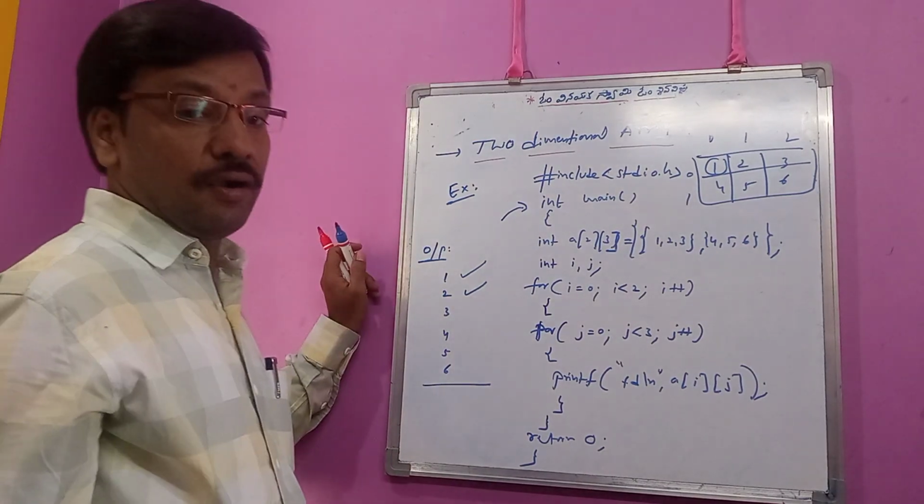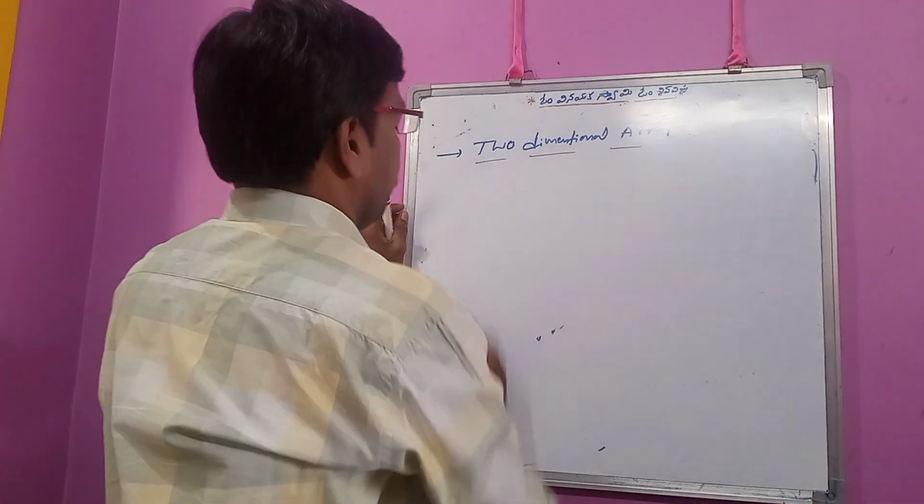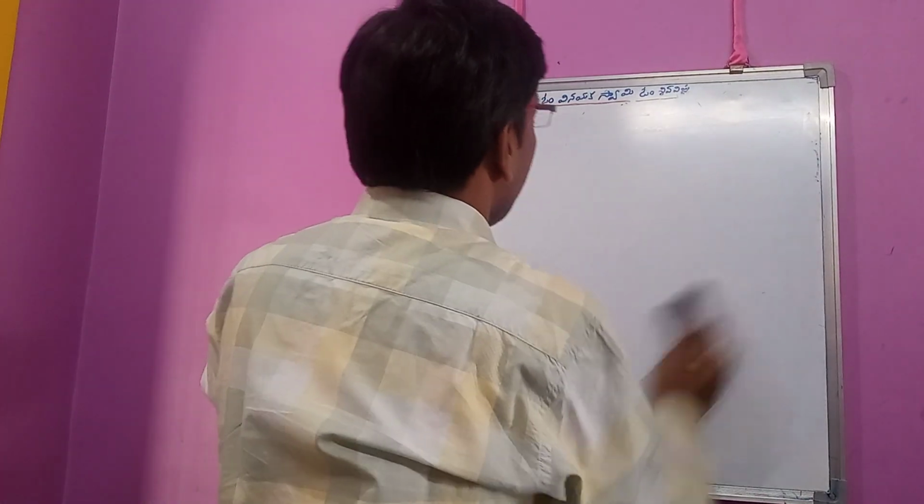This is a two-dimensional array. The last one is the multi-dimensional array.